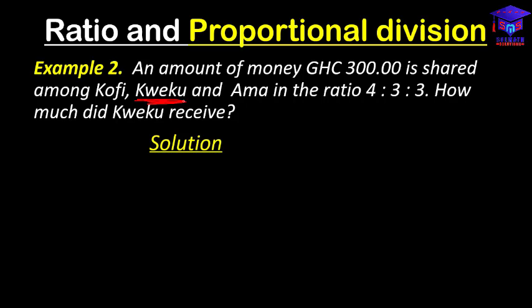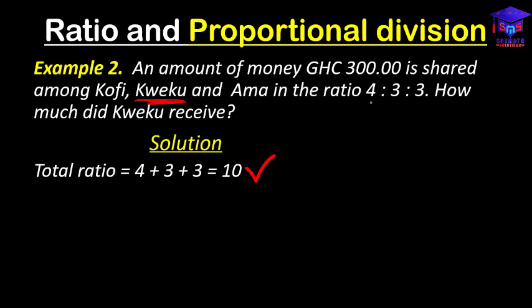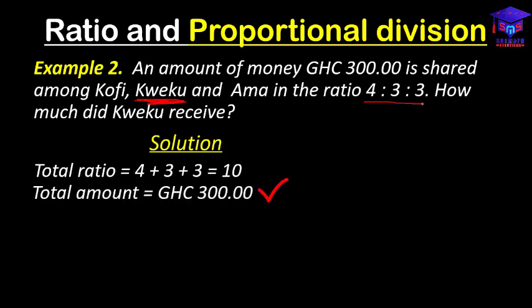As we said earlier, the first thing is to find the total ratio. So the total ratio is 4 plus 3 plus 3, and that will give us 10. You sum the given ratio. Now, what is the total amount that they're supposed to share? 300 Ghana cedis. To be able to get Kweku's share, we have to write Kweku's fraction.